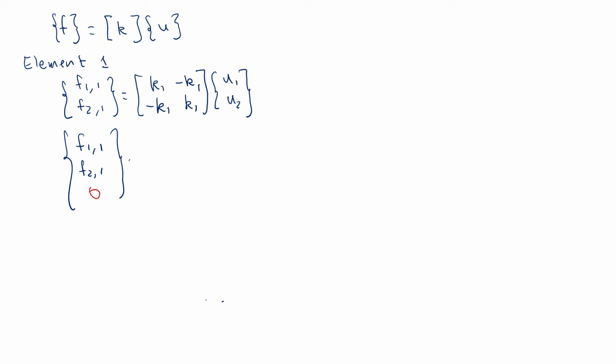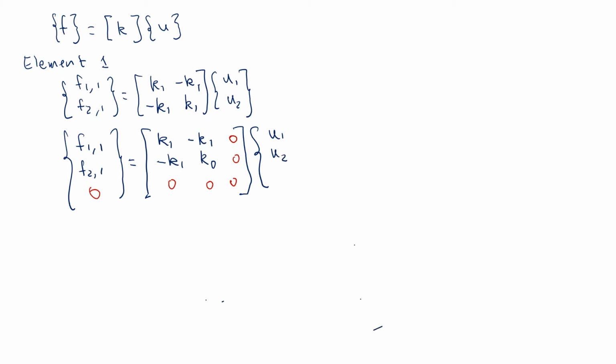This is equal to, using my expanded stiffness matrix, K1, minus K1, minus K1, K1, and I'm going to complete here the zeros, multiplied by U1, U2, and strictly speaking, this is U1 of element 1. That, as we have said from compatibility, is going to be the same as the global structure. And then we are adding here a U3.